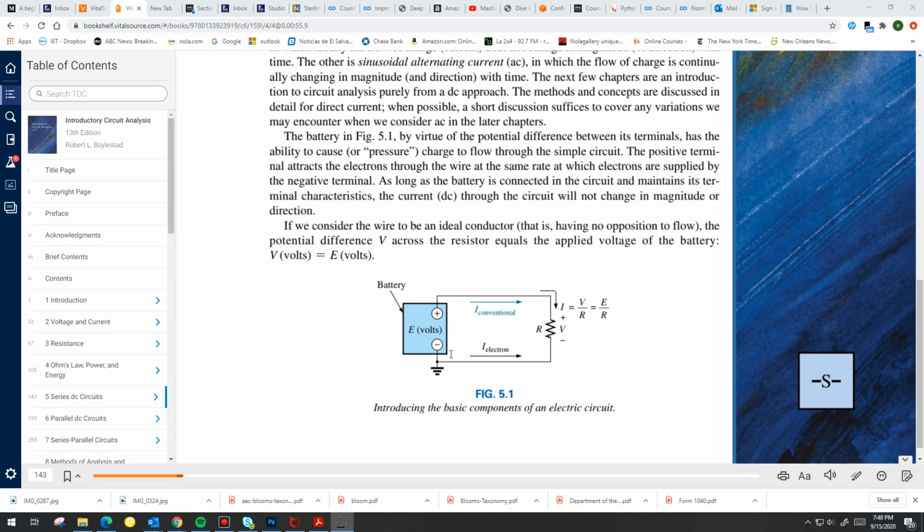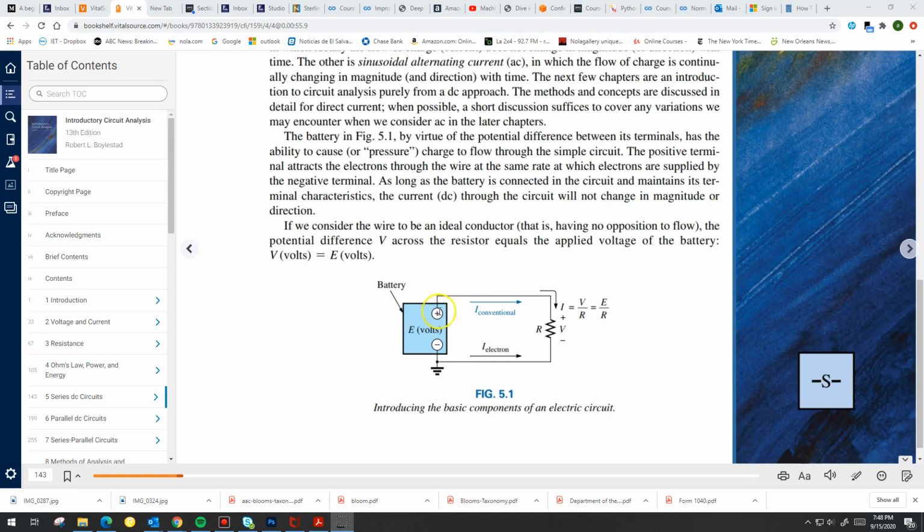That means electrons coming out of the negative point in the battery are attracted to the positive side, so they flow in the counterclockwise direction, going from the negative to the positive. That's electron flow.